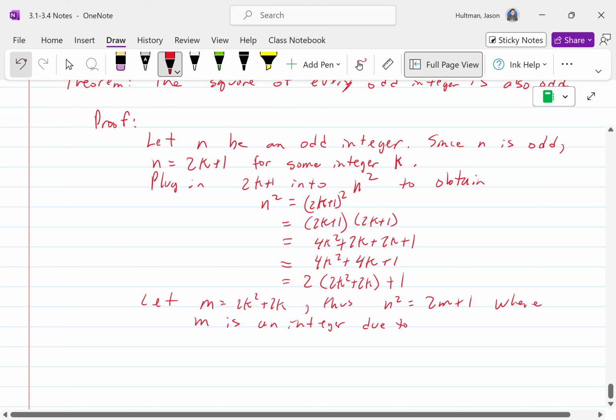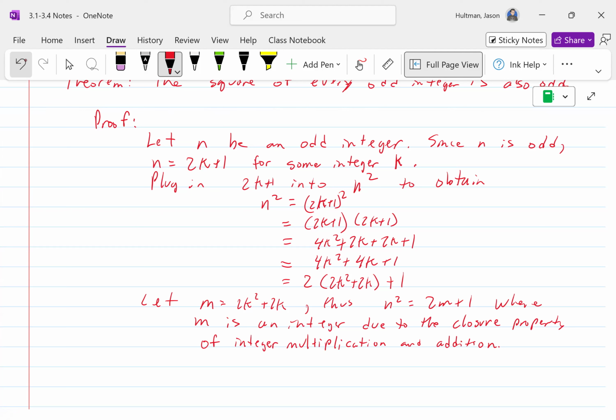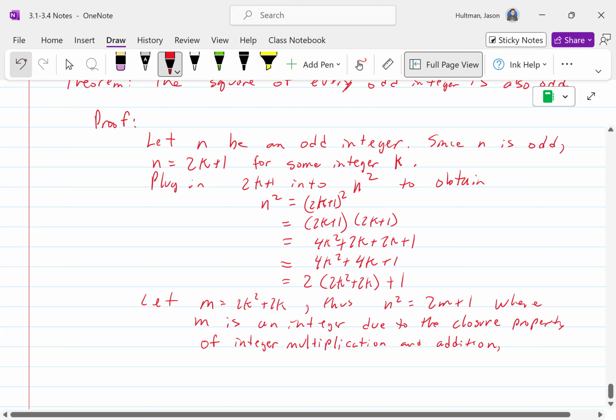We could even say that due to the closure property of integer multiplication and addition, and since k was defined as an integer. Boom.